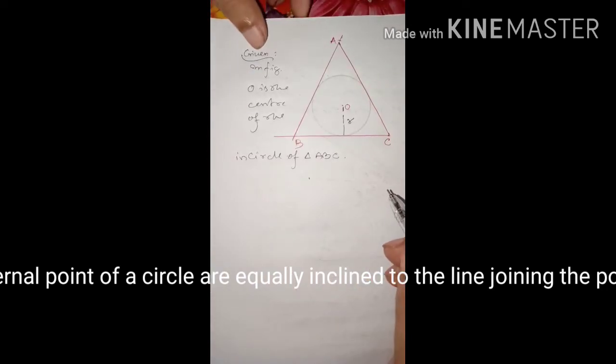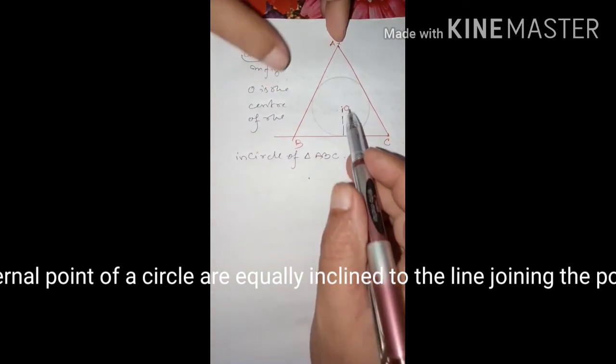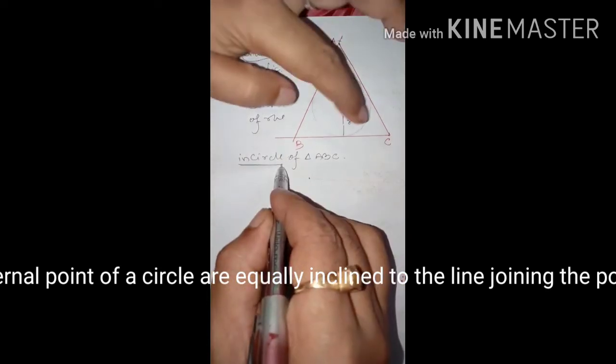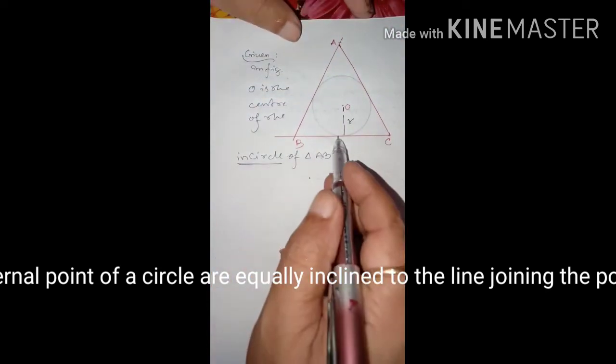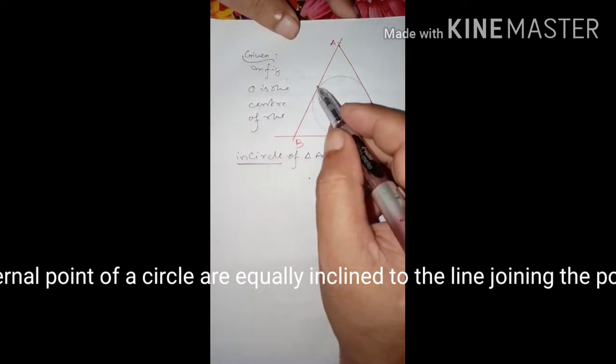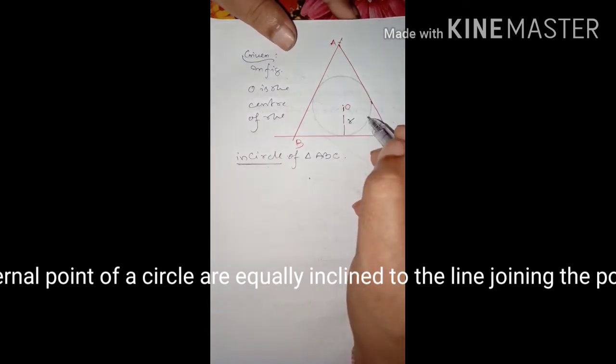Here I have written the given part. In the figure, O is the center of the incircle. What is the meaning of incircle? I told you: the incircle of a triangle means a circle inside a triangle, provided all the sides of the triangle are touched by the circle. That is the incircle.